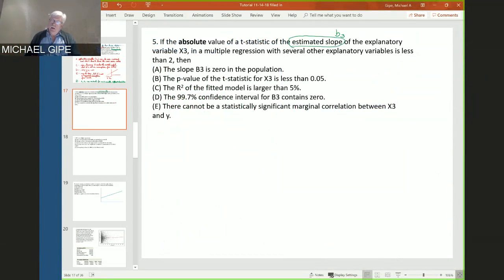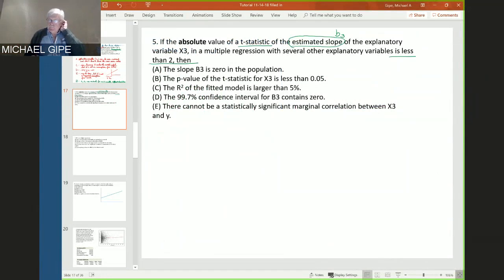So if the t-stat is less than 2, then what happens? In a standard t-test, if t is less than 2, it means that the probability of making an error in rejecting the null is greater than 0.05. So we can't really reject the null based on that distance.